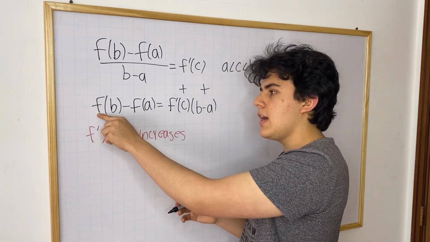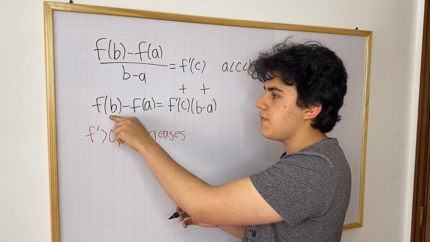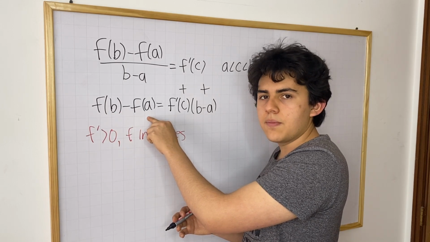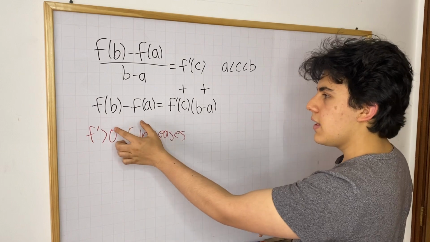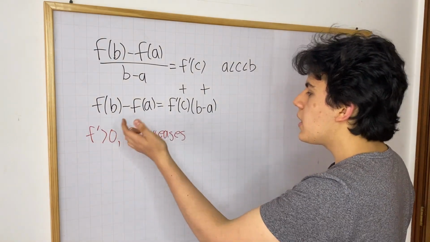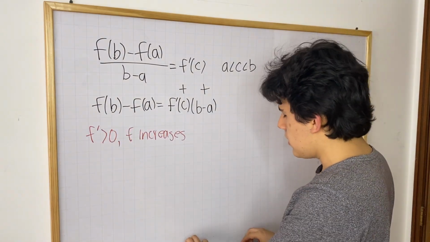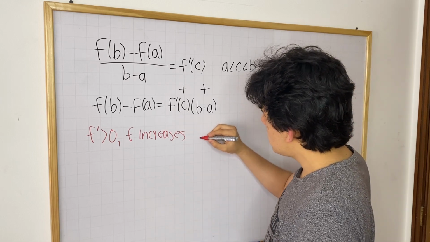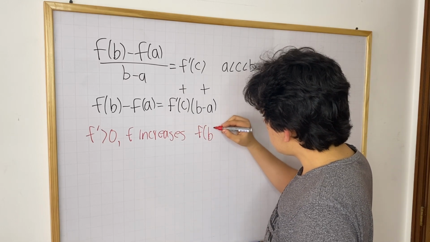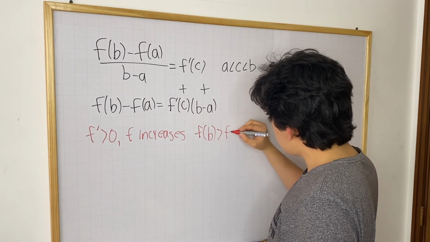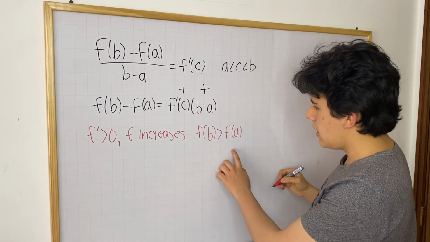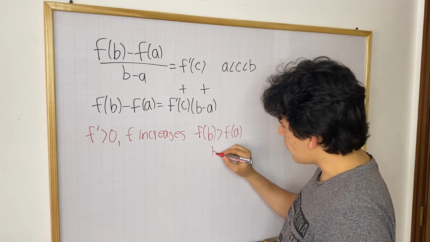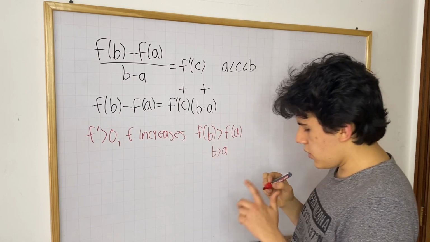In this case, f of b, f evaluated at b, is greater than f of a, okay? So you can write that f evaluated at b must be greater than f evaluated at a, and we know this is true for b greater than a, okay?